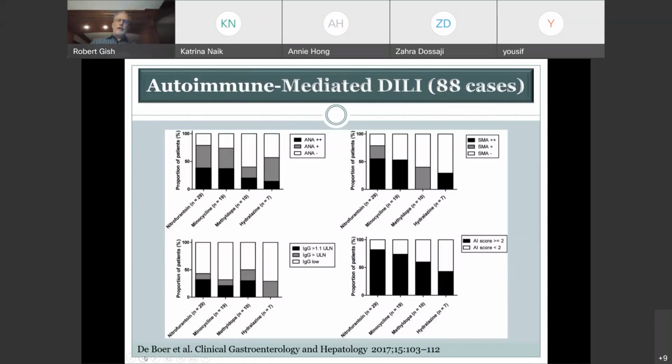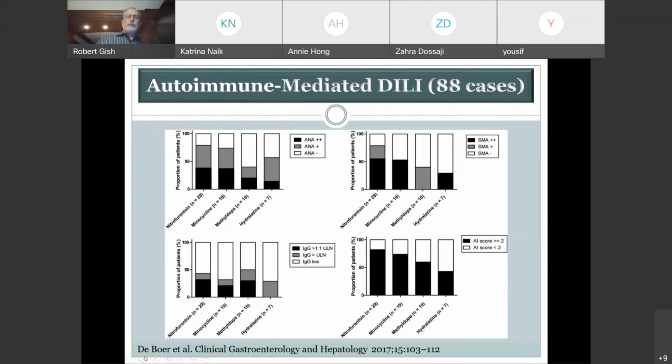This also talks about how not every patient is ANA positive, and not every patient has an elevated IgG, but an AI score greater than 2 is seen in a number of these drugs, including nitrofurantoin. The AI score has to do with history, labs, and liver biopsy.